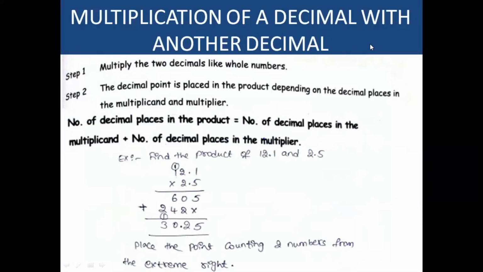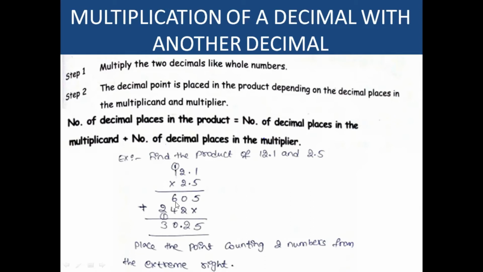Multiplication of a decimal with another decimal. For example, find the product of 12.1 and 2.5. We are multiplying decimal with decimal. 12.1 into 2.5. 5 into 1, 5. 5 2s are 10. 1 borrow. 5 1s are 5.